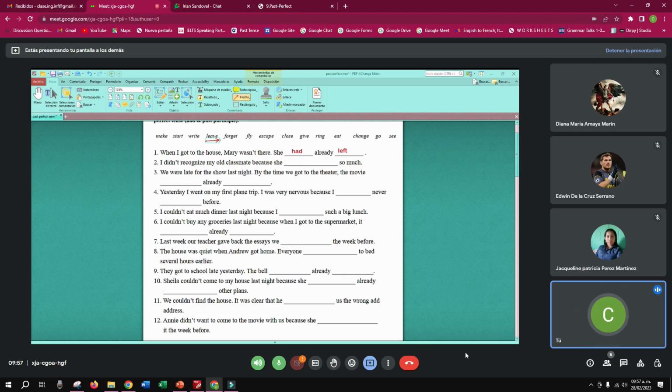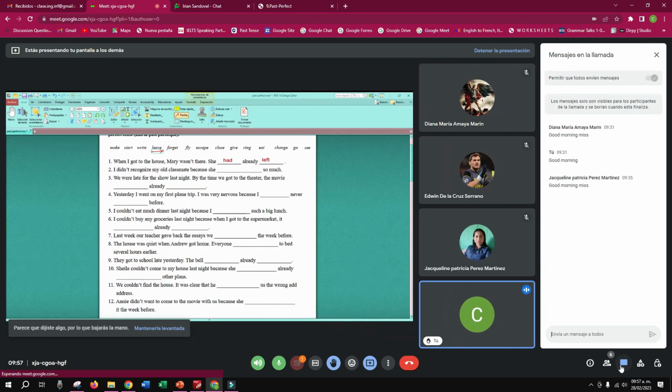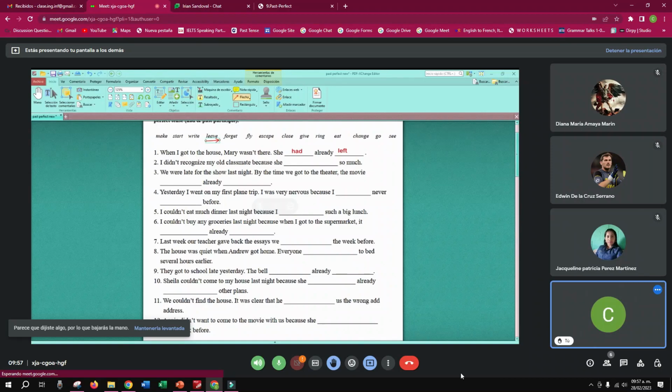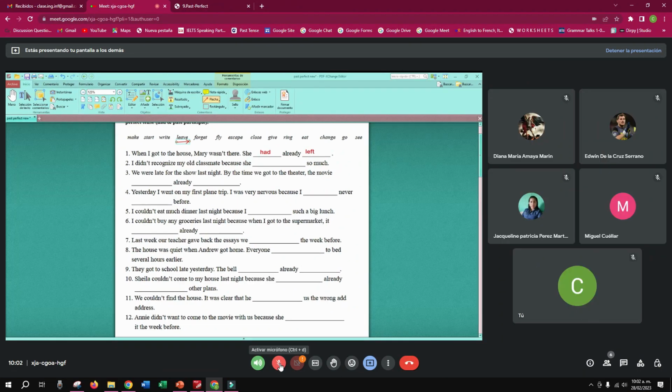And later we're going to check them together, okay? So work on them and then we're going to check them together. If you have questions, just raise your hand and I will try to help you, okay? And Miss Jackie, if you want, you can write the answers on the chat. That would be great if you have time there, right?